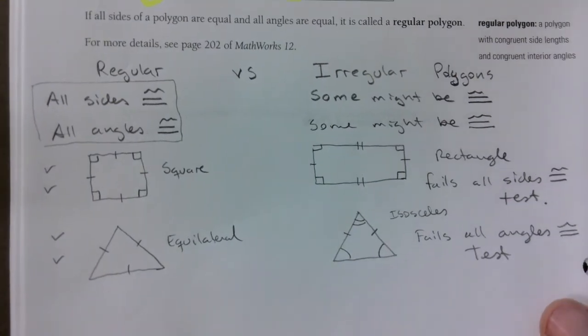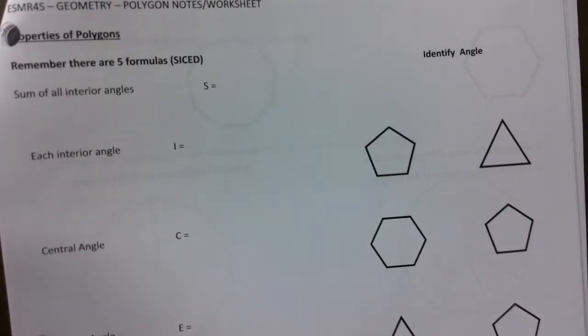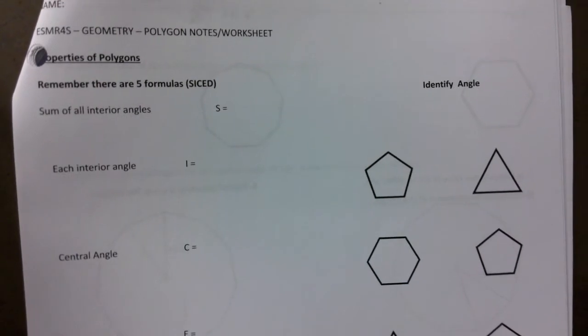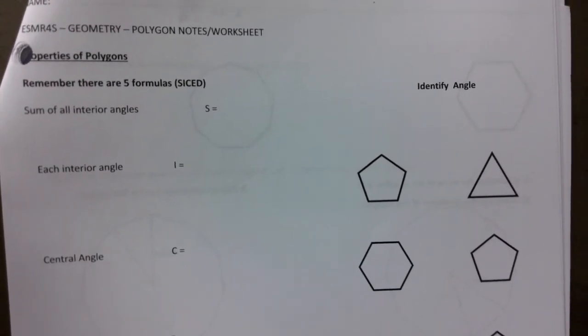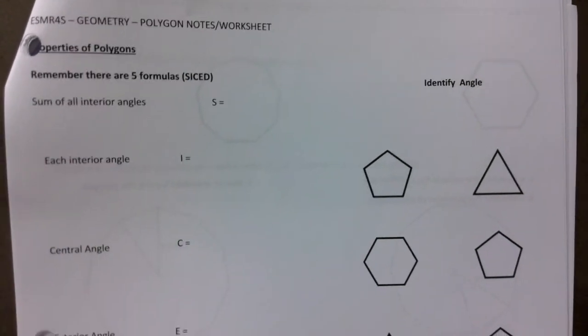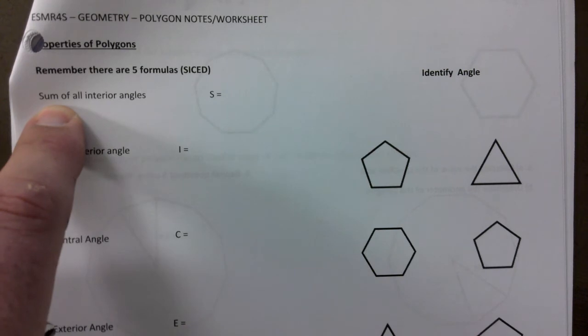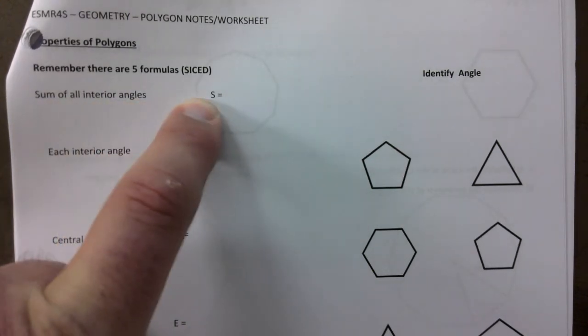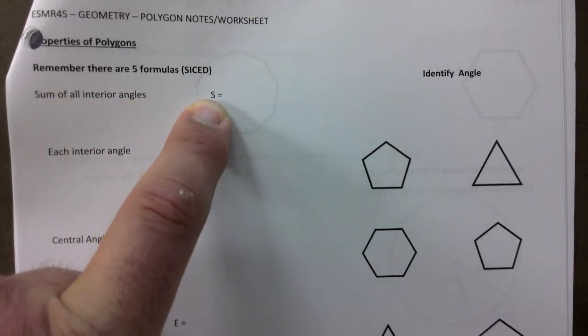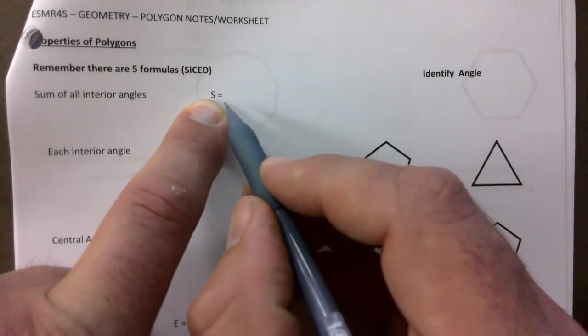Backside. This I inserted here. So make sure you write these formulas down and make sure they make it onto your study sheet. Okay? They are also on the yellow formula sheet. Try to hurry right through, because this is important. The sum of all interior angles, the letter S is used.